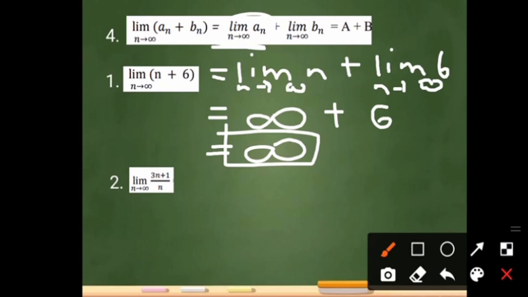And for our second example, limit 3n plus 1 over n as n approaches infinity.